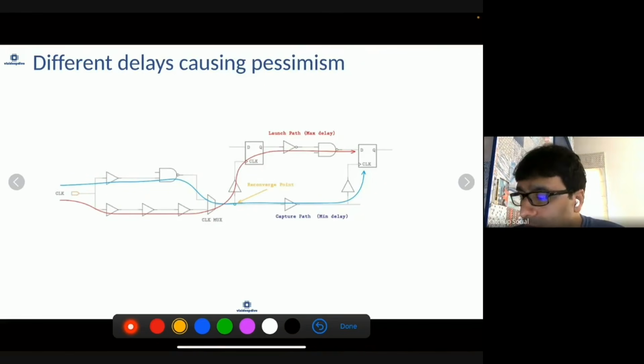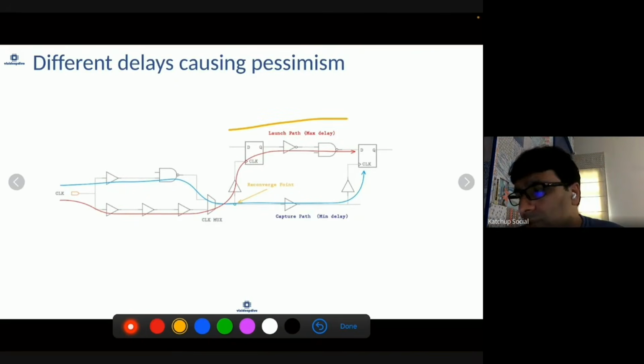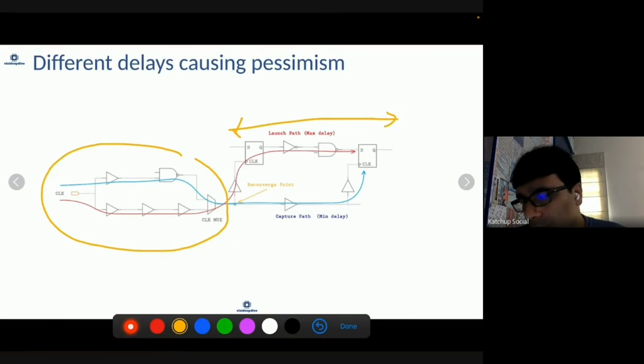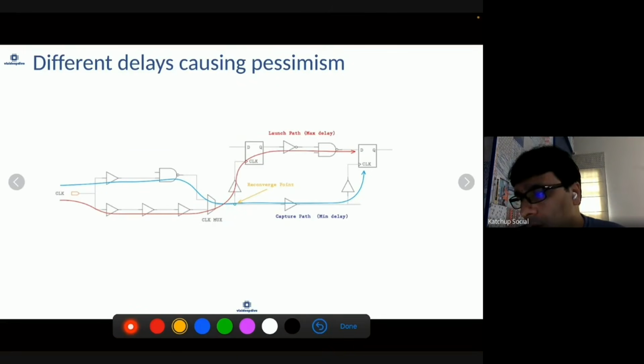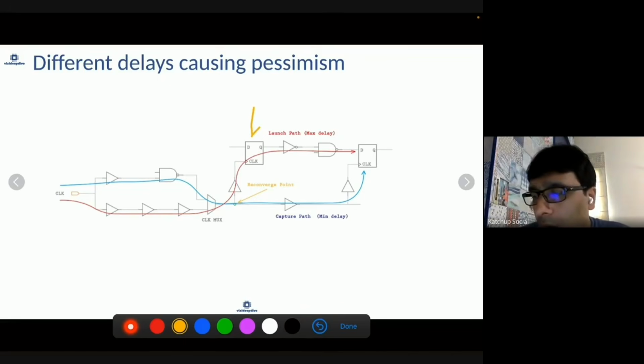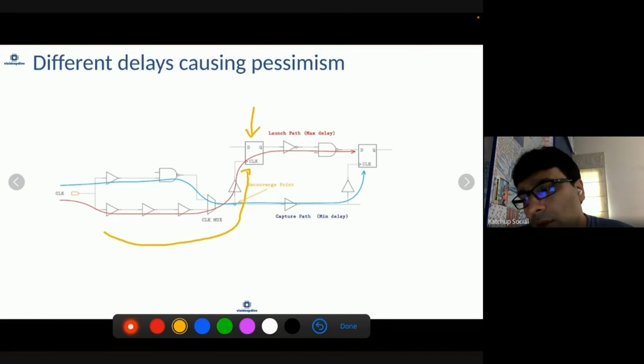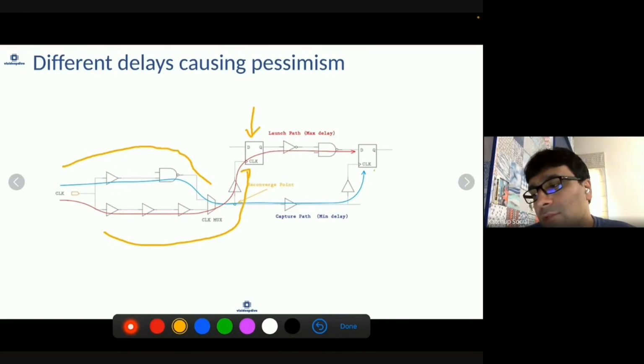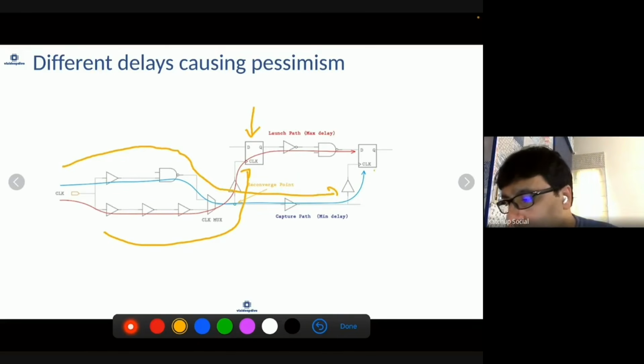What is undue pessimism? Let's say you have this path, and the launch and capture clock logic is this. For the launch, I will use max delay, basically the clock arriving as late as possible. And for the capture side, I will use as minimum delay as possible.